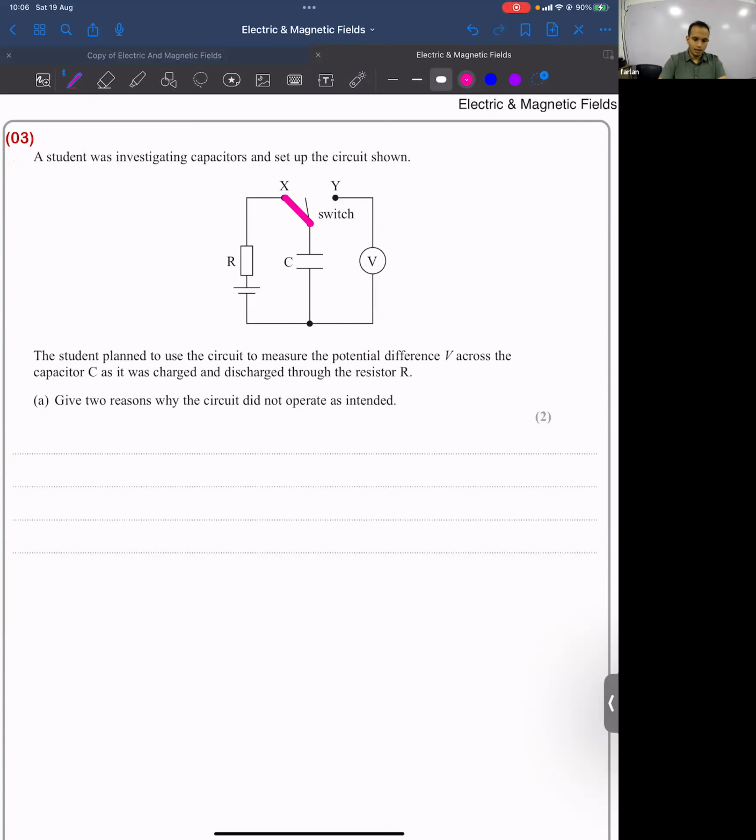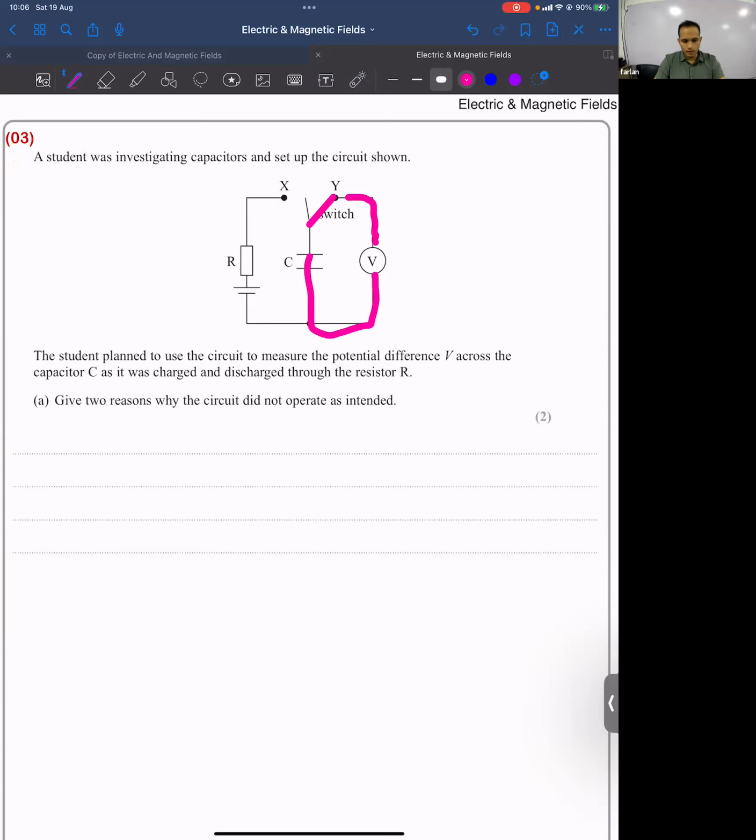When the switch is put to Y, R has no business. It will be just discharging through the connecting wires and the voltmeter, so the voltmeter will just be measuring the voltage across the capacitor.